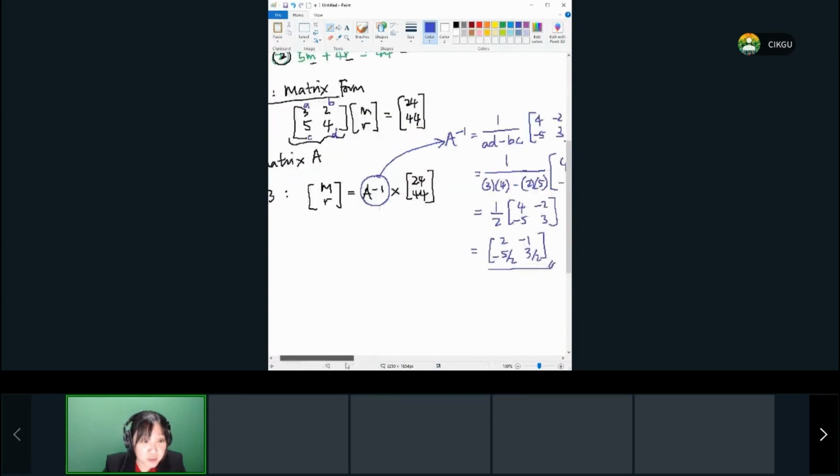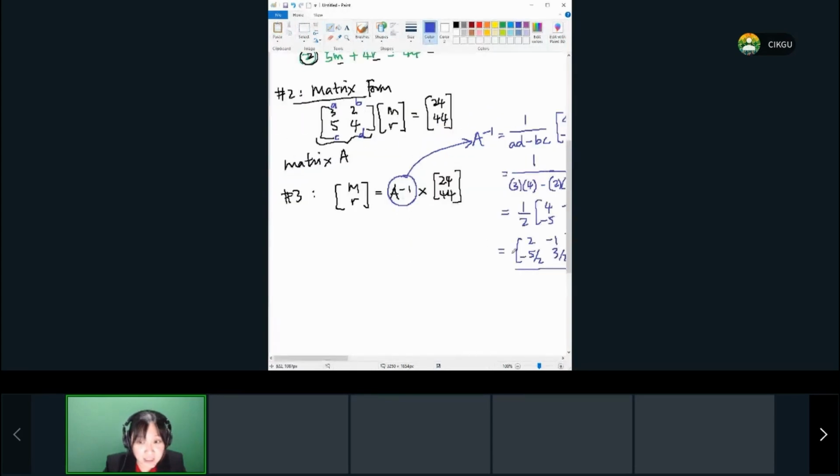Once you get the inverse ready, you can put it in here. Let's do that. So 2, -1, -5/2, and 3/2, multiply with 24, 44, and that equals to M and R. Ta-da!